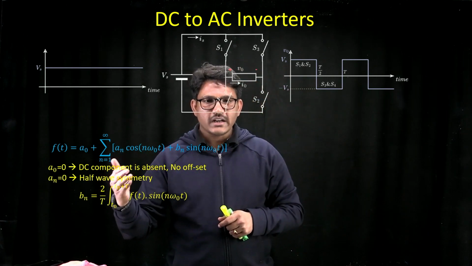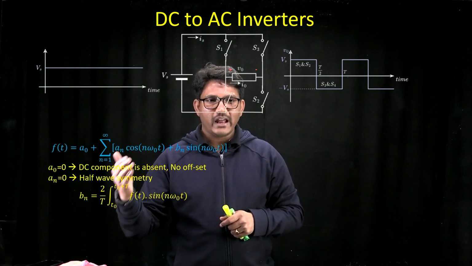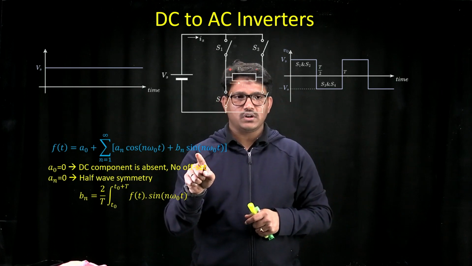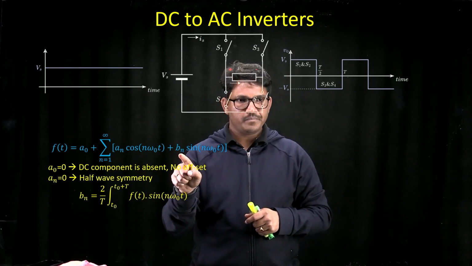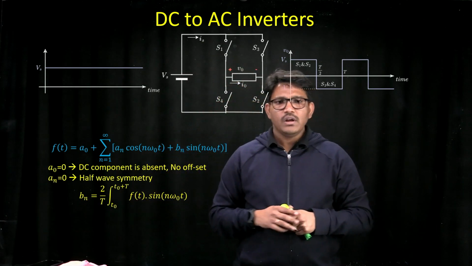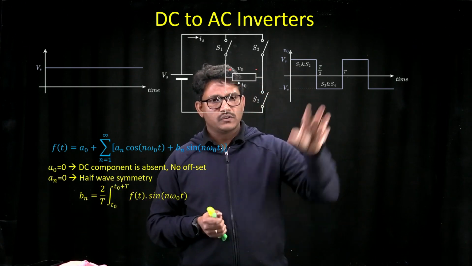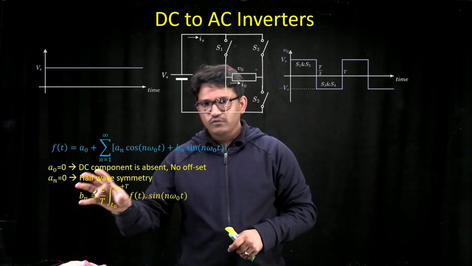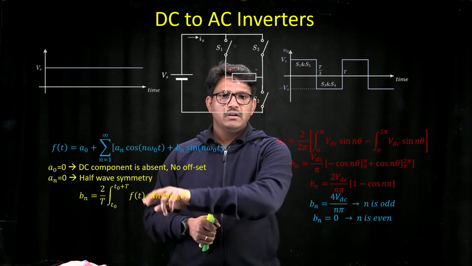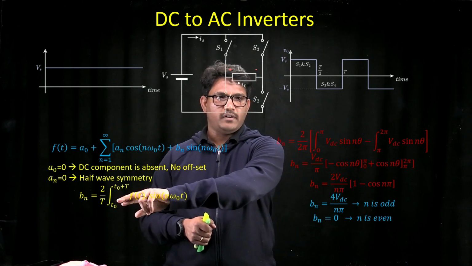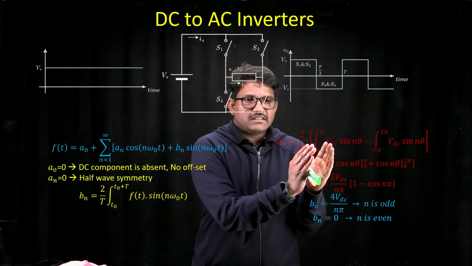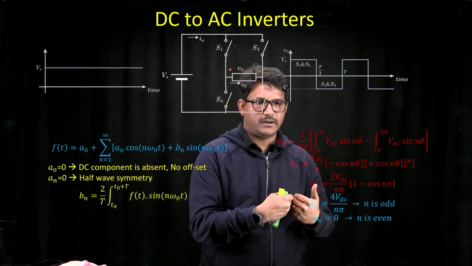The question is, what is the peak value of every sinusoidal voltage? The peak value of every sinusoidal voltage is the value of Bn, and we know the expression for Bn. If we substitute the parameters of this square wave into Bn, we have 2 upon T, where T is the time period of the waveform, assuming we switch on and off for the same time period as the AC output voltage we want.